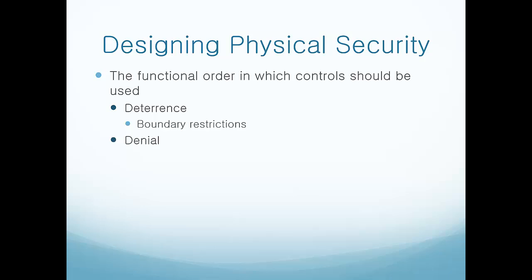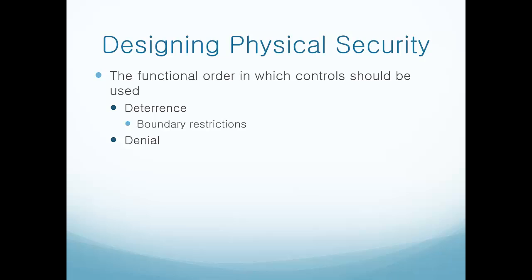The next one in the sequence is denial. So once the deterrence fails, when the attacker attempts to really violate the security of our facility, we have to have a mechanism to deny access to the facility.